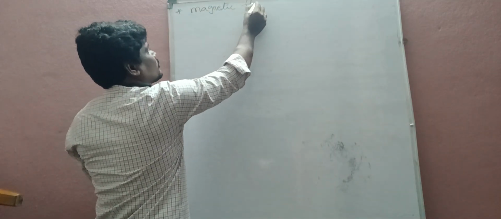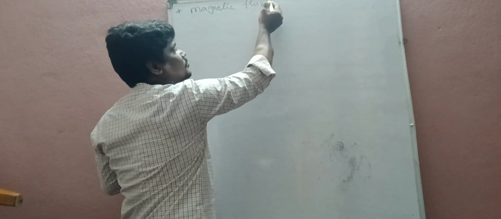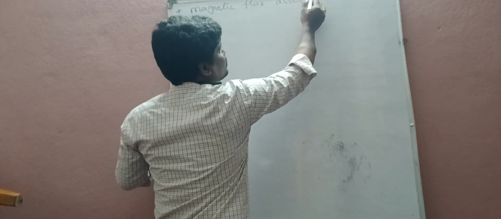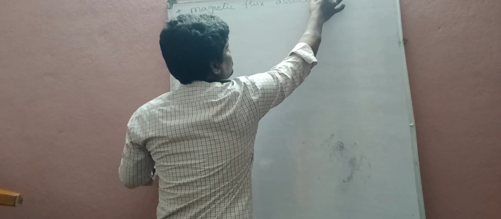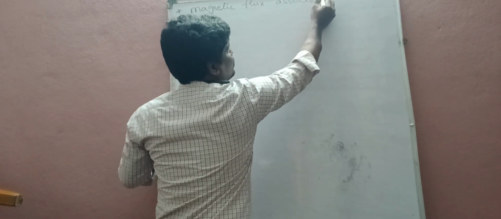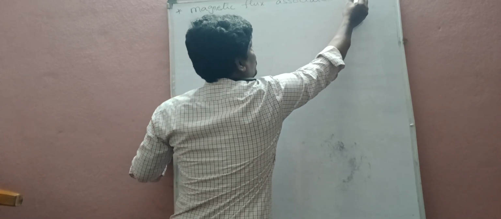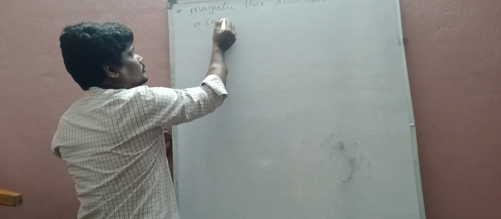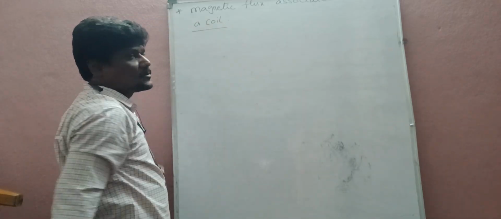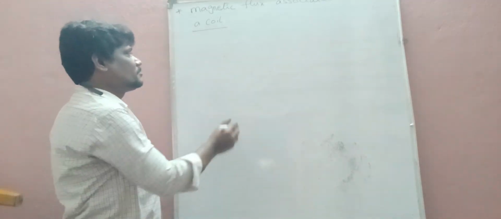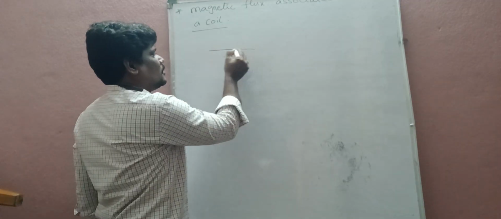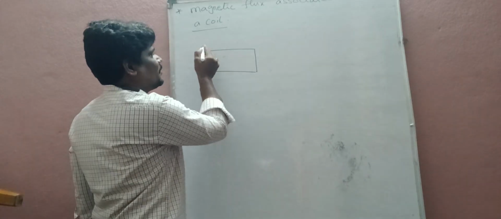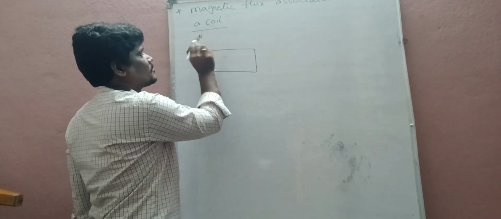Magnetic flux associated with a coil. For example, this is one coil having n turns.